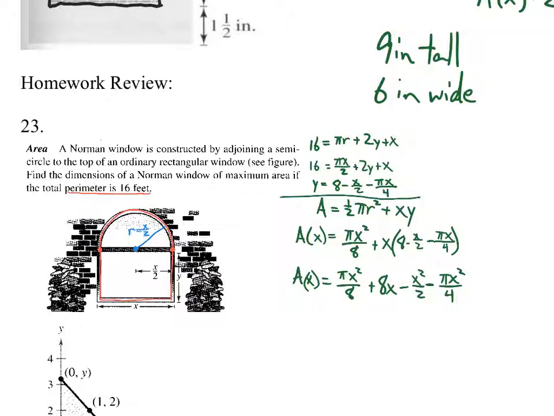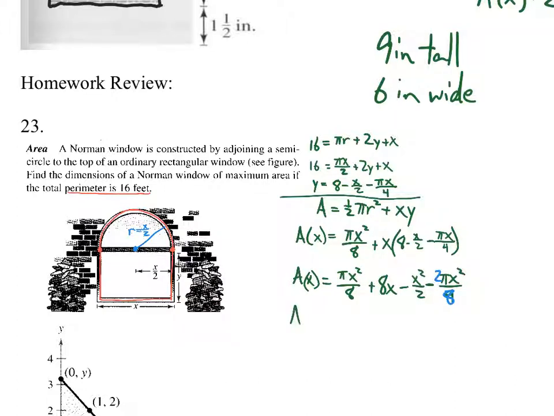Guys, this is where simplifying a little bit at the beginning will be really, really helpful. Notice I have pi x squared and pi x squared, but one's over 8, one's over 4. So I'm going to multiply this by 2 over 2 and make that be over 8 as well.